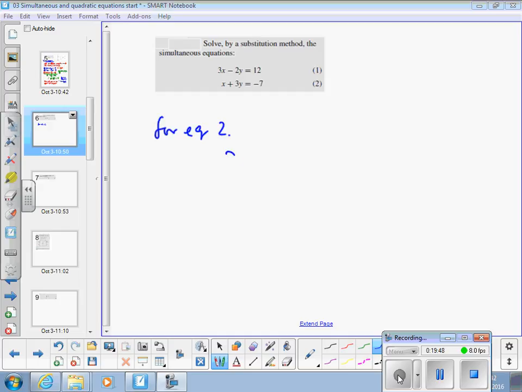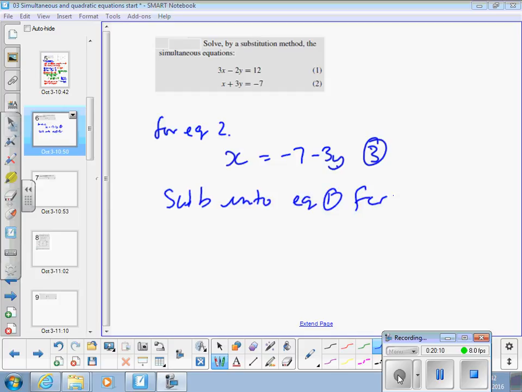Yeah. x equals minus 7 minus 3y. We called that equation 3, yeah? So you sub that into equation 1 for x.